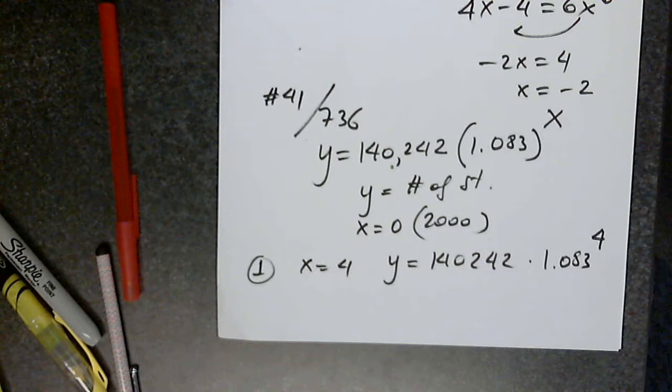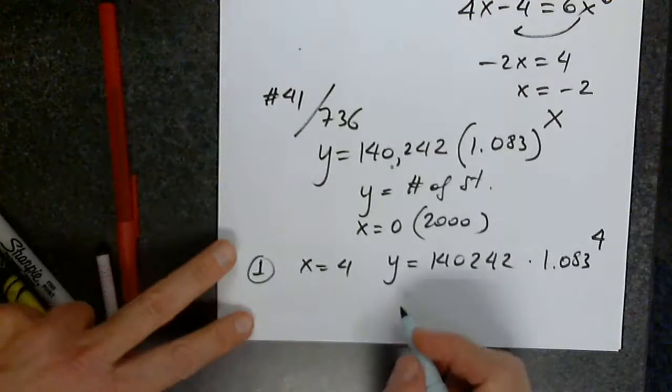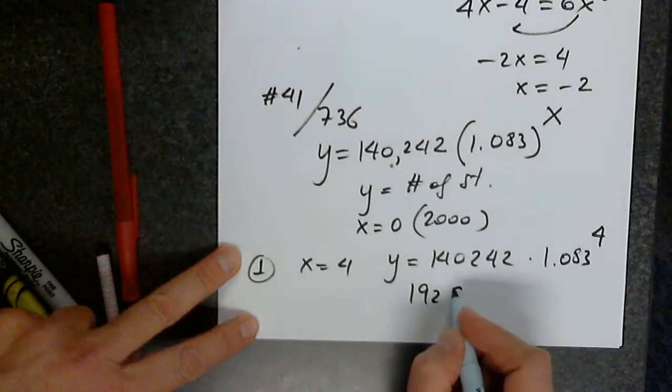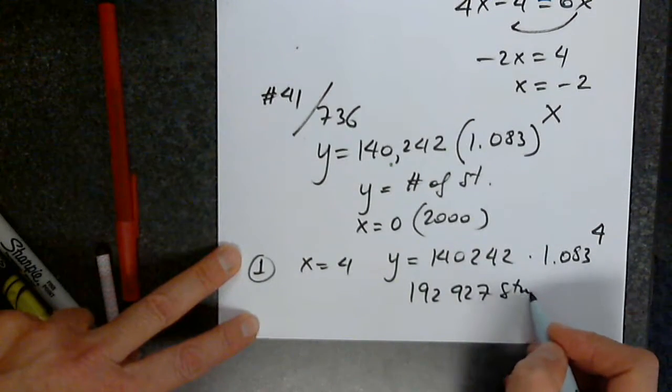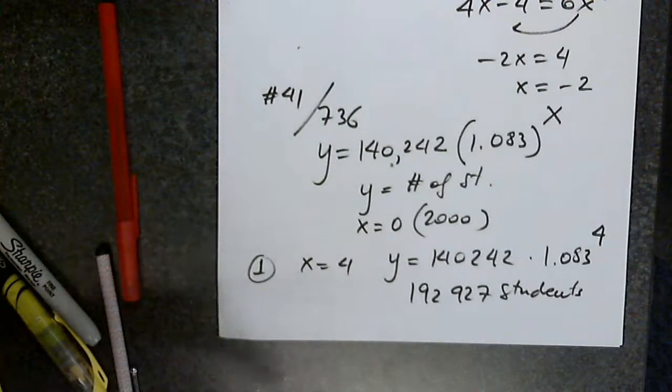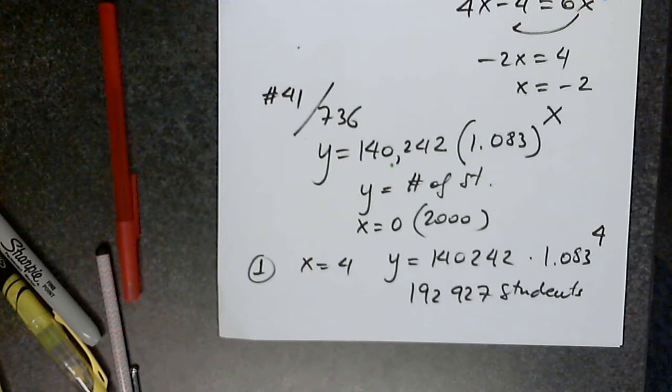It says round the answers to the nearest whole. Okay, of course. Yes. So 192,927. 192,927 students studied abroad in 2004.